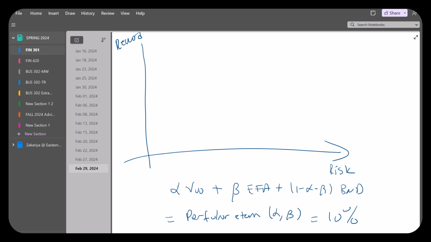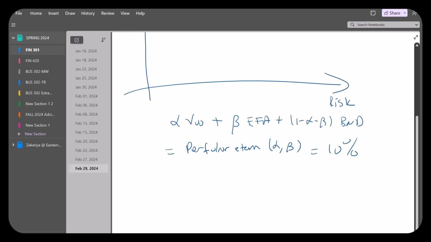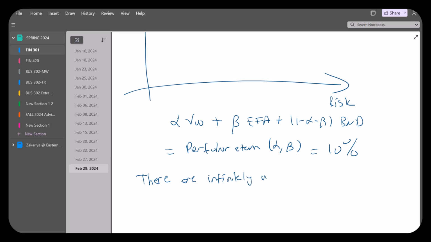The trouble is, not all those combinations are created equally. There are infinitely many combinations of alpha and beta that could get you 10% average return.